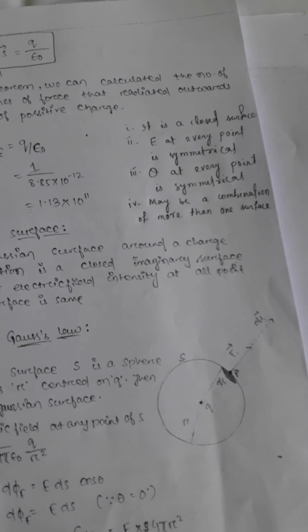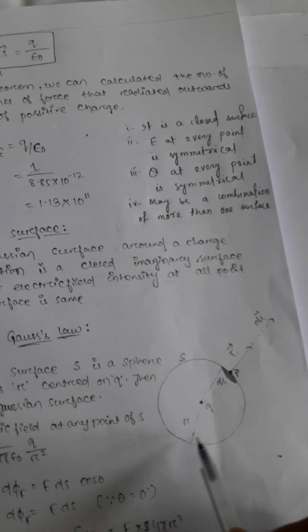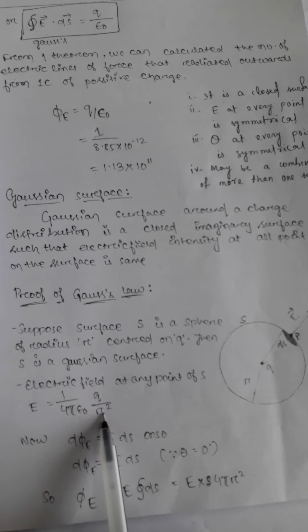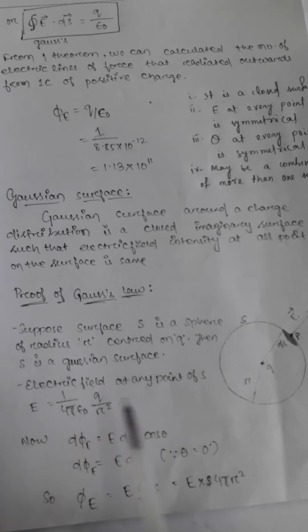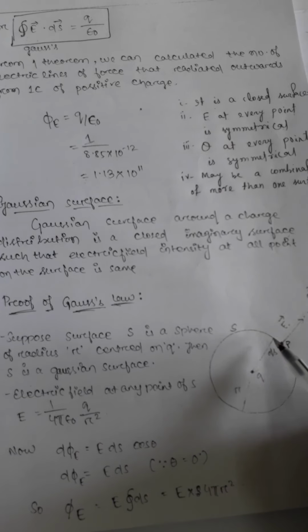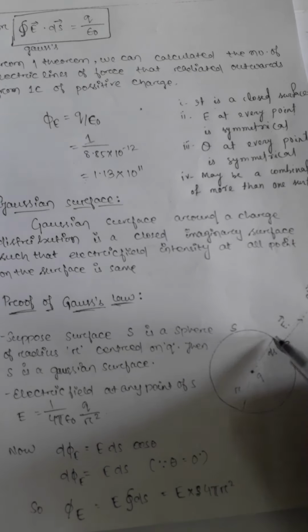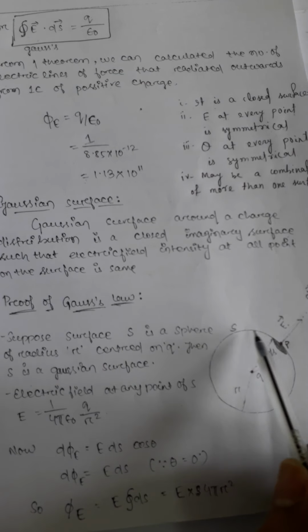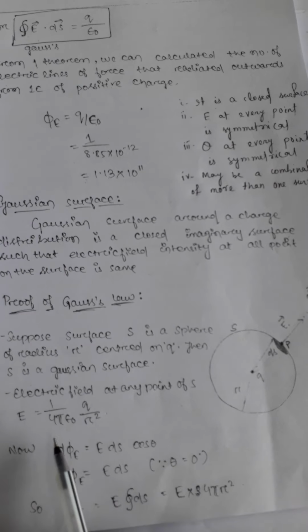So electric field at any point of this surface S is equal to 1 by 4 pi epsilon naught times q by r square. We know the formula. And this is a symmetrical surface. We have imagined this surface. This is the Gaussian surface. At each side the radius is same, so electric field is same at each point of this surface.